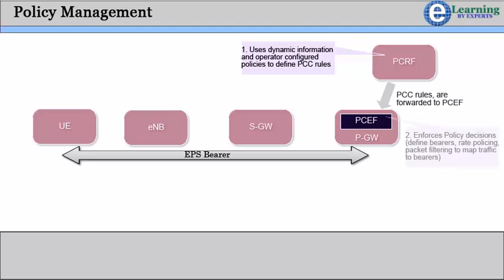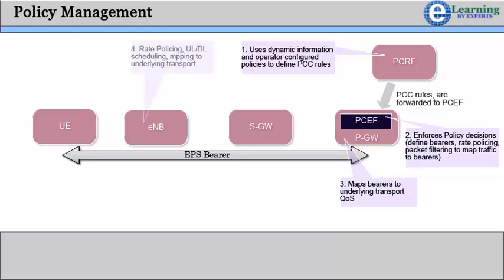The PCEF enforces policy decisions by establishing bearers, mapping service data flows to bearers, and performing traffic policing and shaping. The PDN GW maps bearers to the underlying transport network.